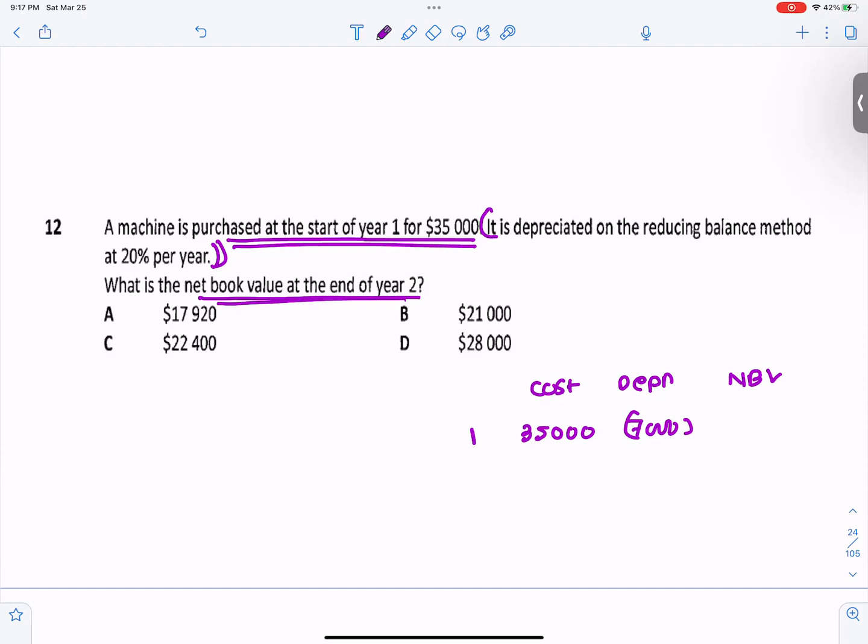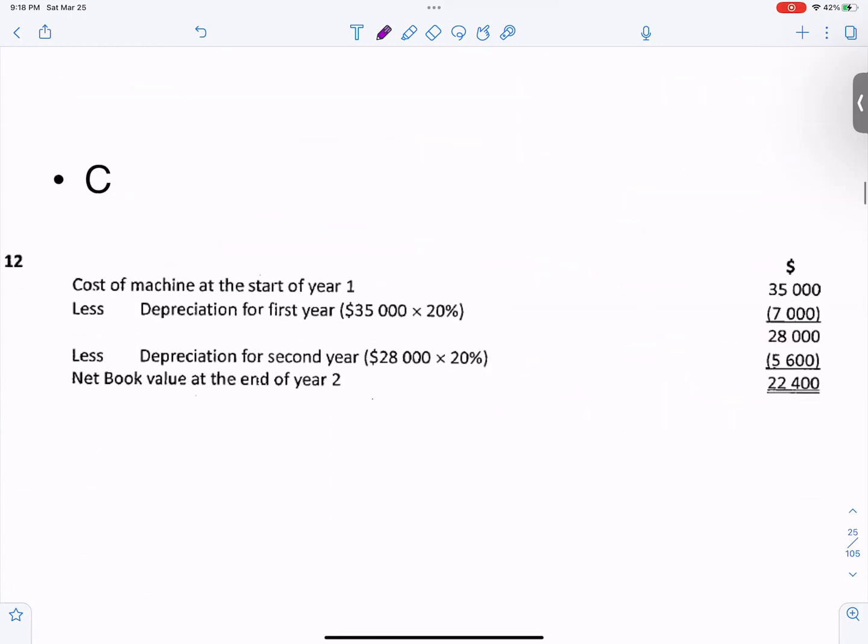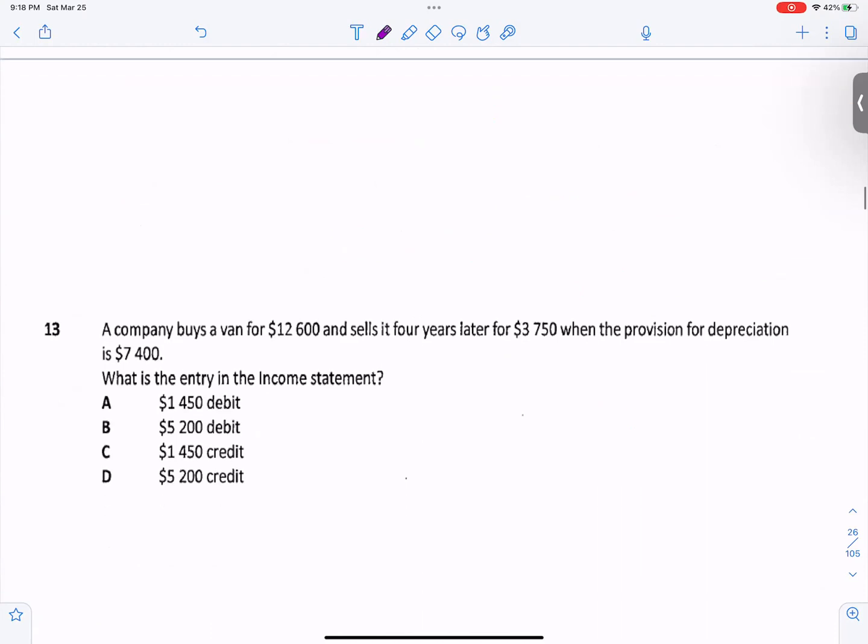Next year, depreciation will be 5,600. What is the depreciation for year 2? 5,600. So the net book value will be 22,400. C. 22,400. Yes? Come on, 13th one.